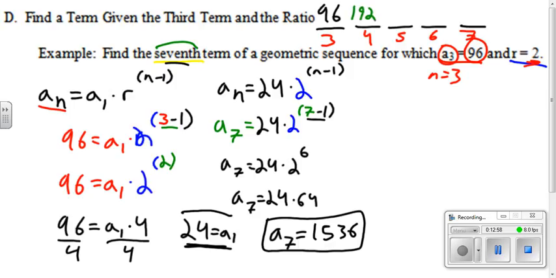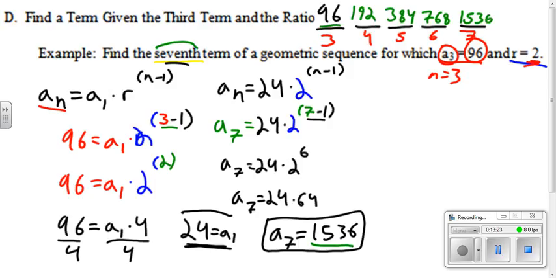Then times another 2 would give us 384. Then times another 2 would give us 768. And then times another 2 would give us 1536, which is exactly what we got here.